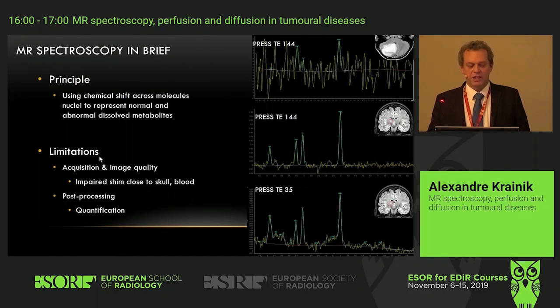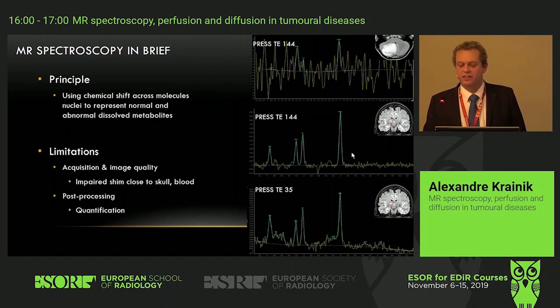There are some limitations, of course, like always, and the quality of the acquisition is very critical, especially when you are very close to the skull, very close to calcification, very close to blood, the shimming is not always appropriate. And here is an example of spectroscopy you cannot interpret properly.